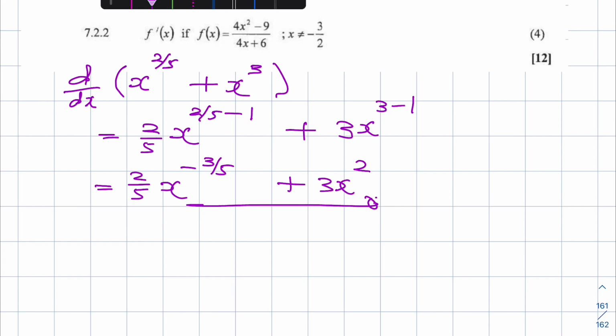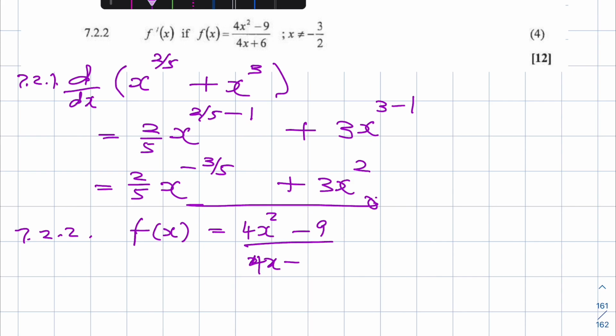Then lastly, 7.2.2, we are given f of x is equal to (4x squared minus 9) over (4x plus 6), while x should not be negative 3 over 2. Basically, if x is negative 3 over 2, the denominator will be 0, so that equation won't make sense.